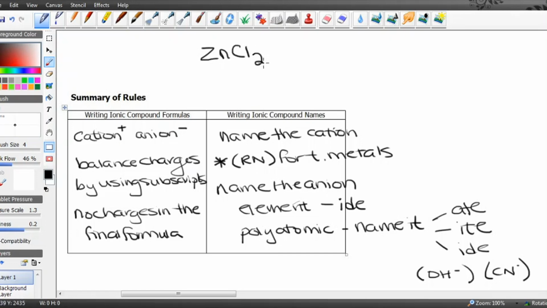ZnCl2. There's my formula. Rules for writing my name would be name the cation. The cation is zinc. If it is a transition metal, I'm going to need a Roman numeral in the name. Zinc is a transition metal, so you would be tempted to put a Roman numeral in here for the charge.